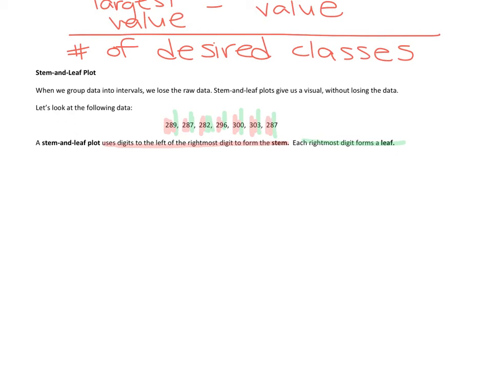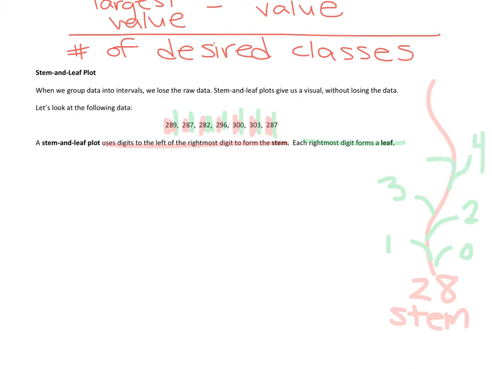So for instance, let's look at this 28. We'll do a cute little visual. 28 would be the stem, and then off the stem, we could have 10 leaves: 0, 1, 2, 3, 4, 5, 6, 7, 8, and 9.